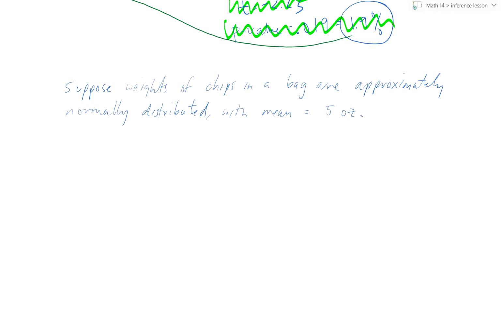Okay, so this is what we're saying. The weights are normally distributed with a mean of 5 ounces.